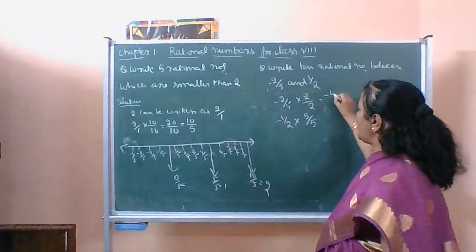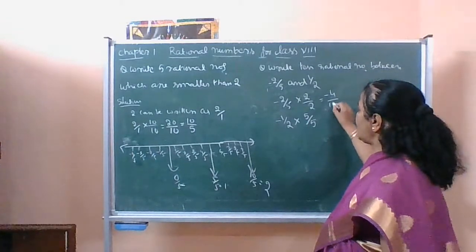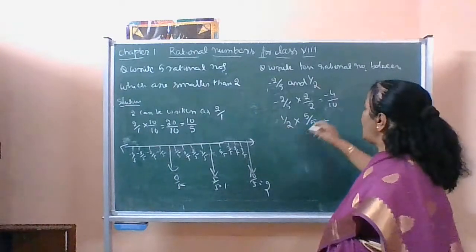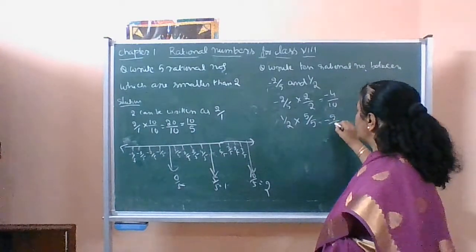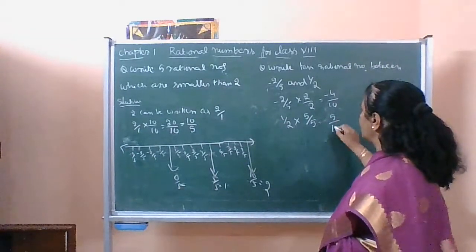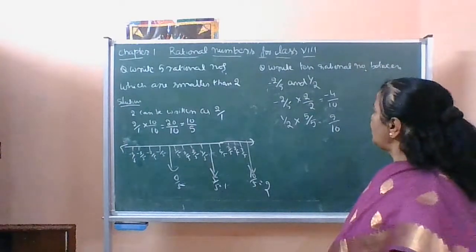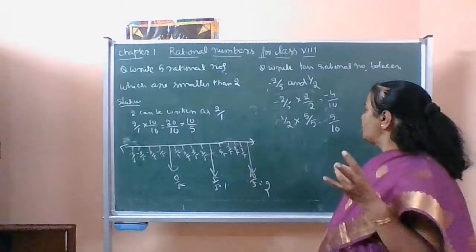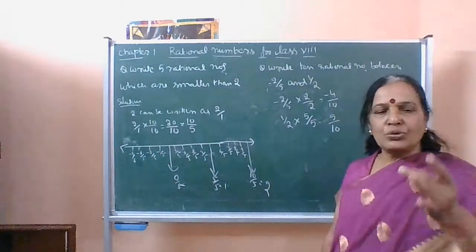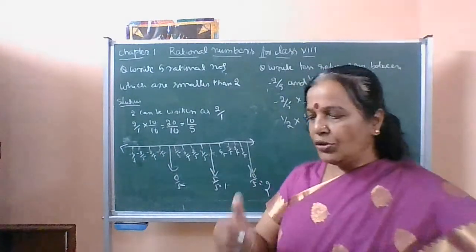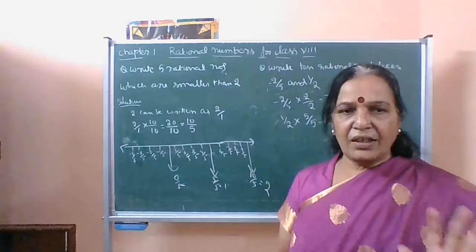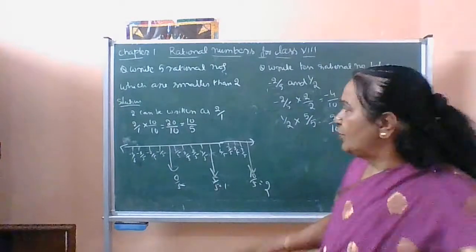You got minus 4 by 10 and here 5 by 10. Here if you write, you don't get 10; you will get minus 4, minus 3, minus 2, minus 1, 0, 1, 2, 3, 4. You are going to get only 9 rational numbers.